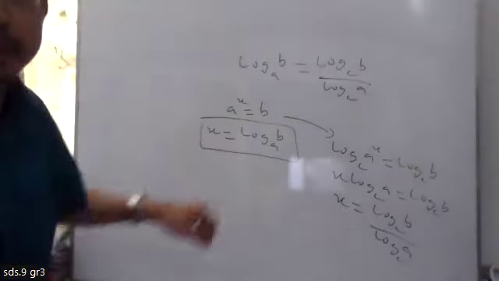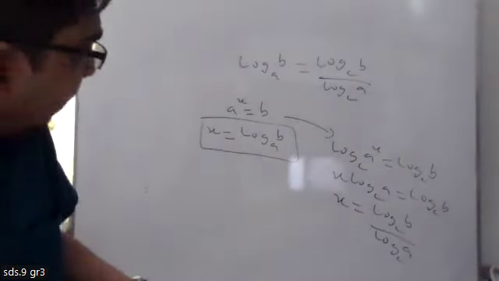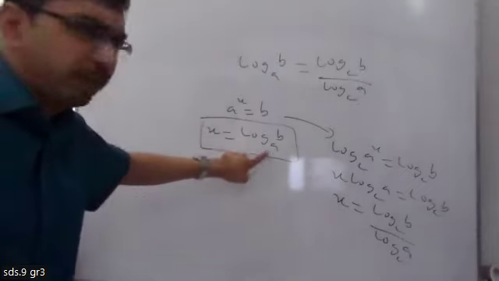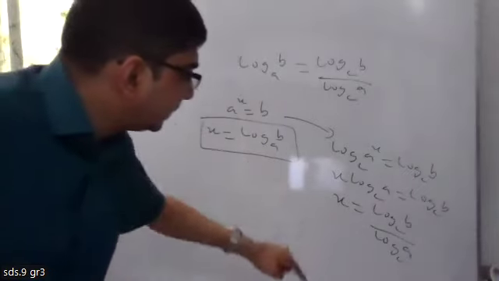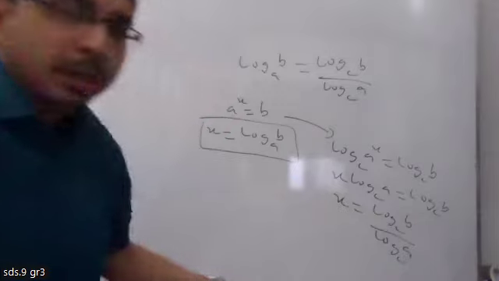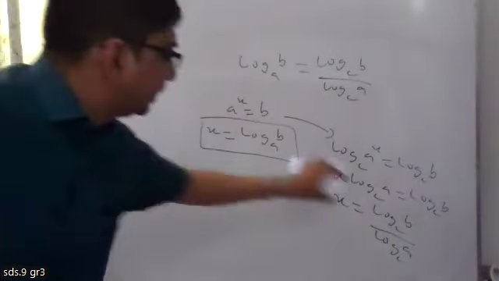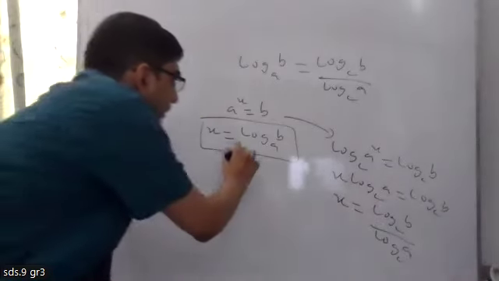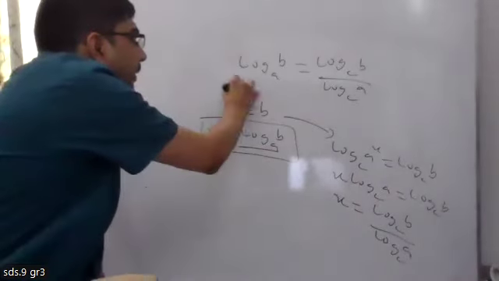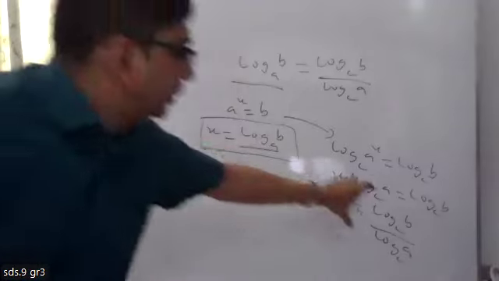Just taking log base c on both sides, I arrive at this expression. Now, we saw that x is equal to log b base a. Also, x is equal to log b base c divided by log a base c. So that means this expression is equal to this expression.